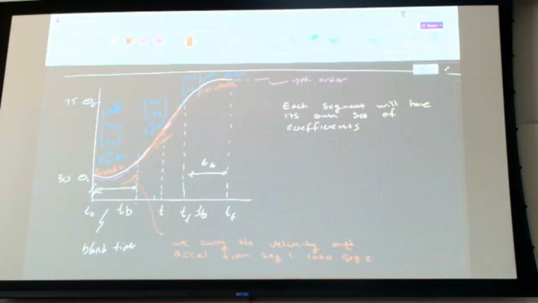So you remember before when we were doing V initial was 0? V initial is not 0 anymore. It's going to be what we ended right here.